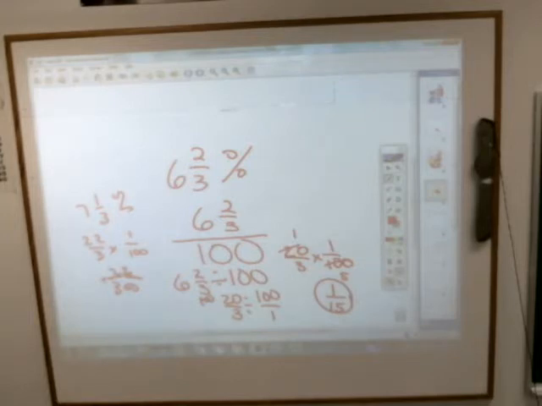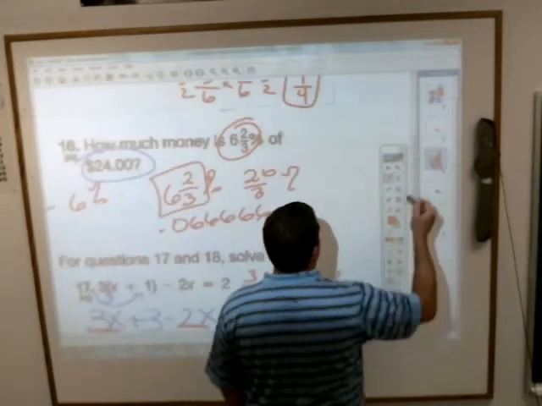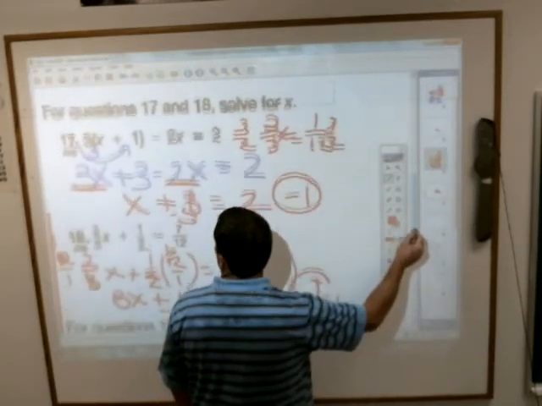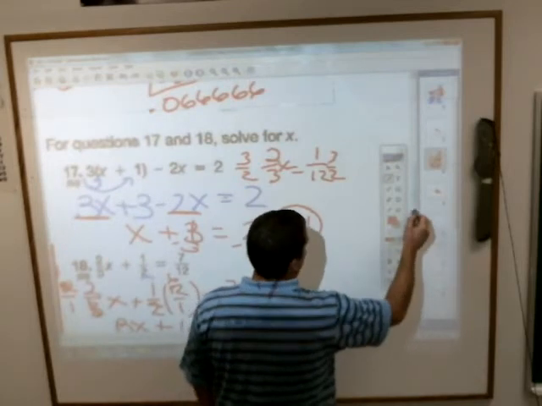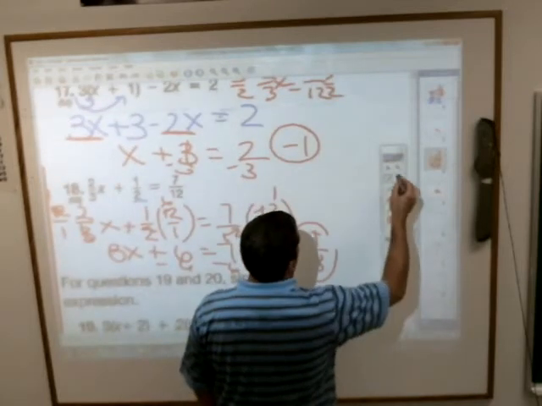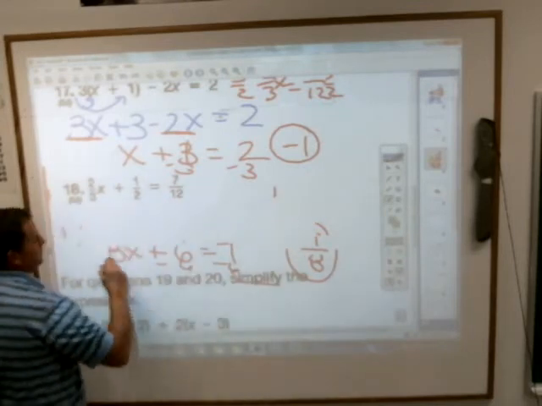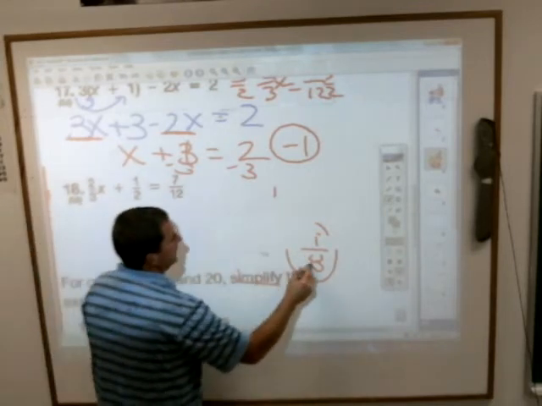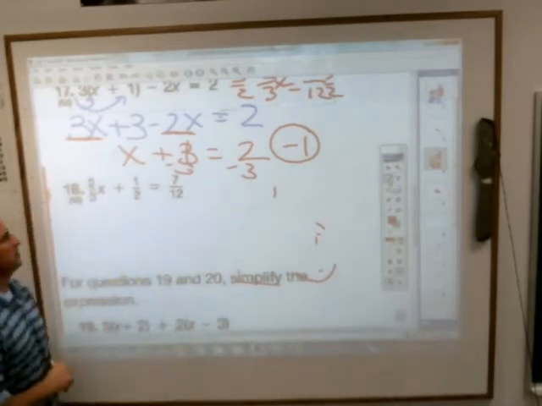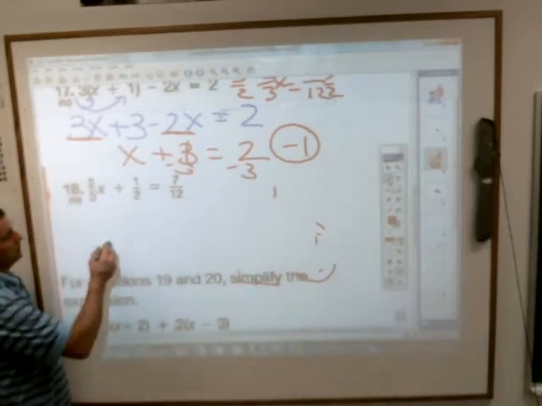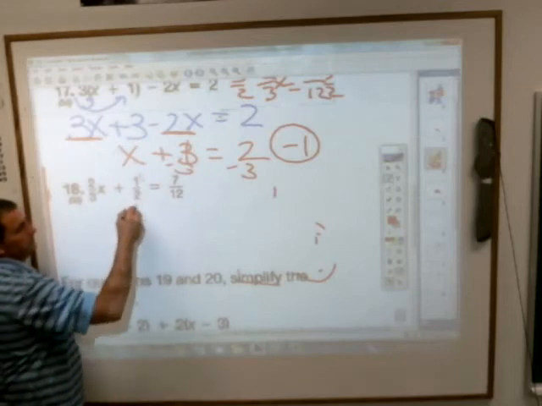One more time on number 18. Let's do it without the cross canceling thing, just straight up. If this is your equation, how do I solve that for x?